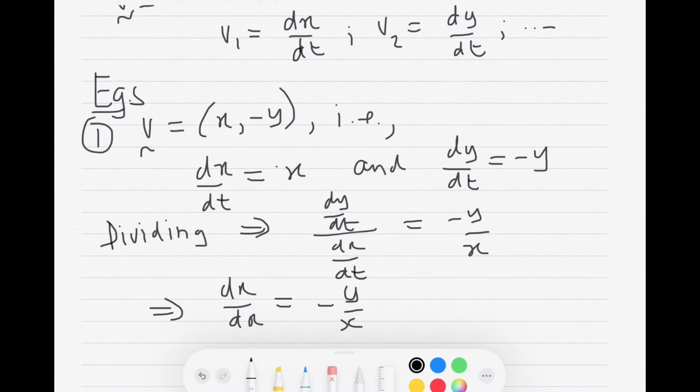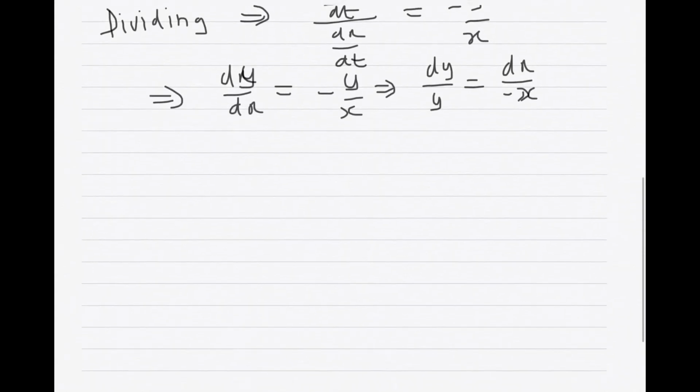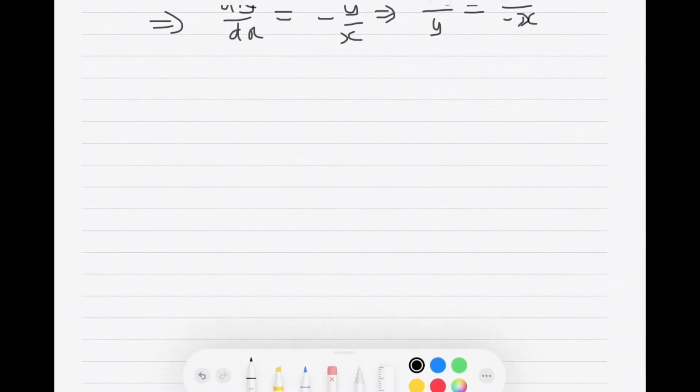So what we have is then, one of these should have been dy. I guess that should be dy. So we have that dy over y equals dx over minus x. So if you were to separate this, this becomes dy over y equals dx over minus x. We can easily integrate both sides, and if we do so, what we end up with is that on the left hand side we have ln of the mod of y equals minus the ln of the mod of x.